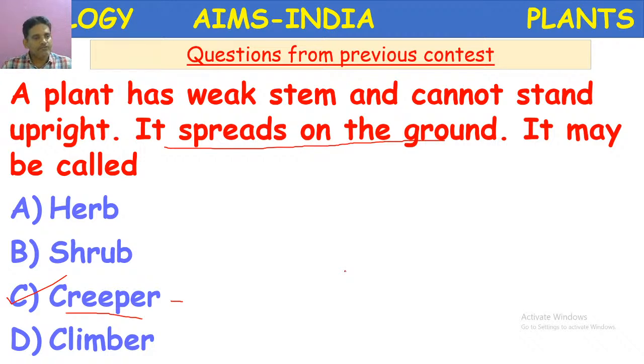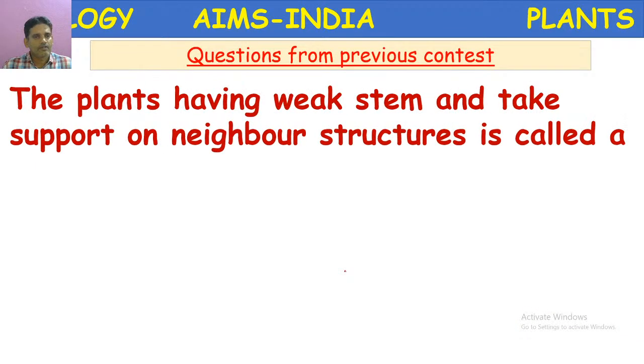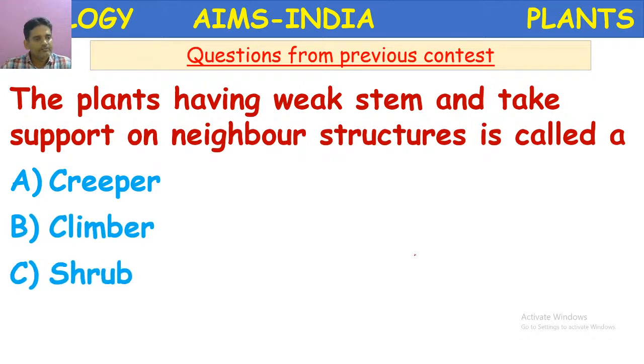So let us proceed to question 2. The plants having a weak stem and taking support on neighboring structures are called a creeper, climber, shrub, herb.